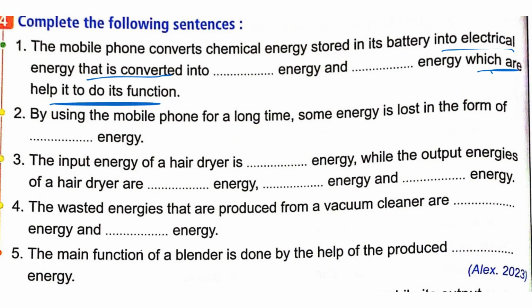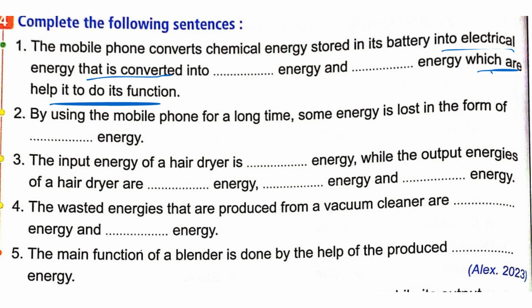The mobile phone converts chemical energy stored in its battery into electrical energy. Yes, and we know why, to operate the cell phone. Okay, that is converted into forms of energies which help it to do its function.